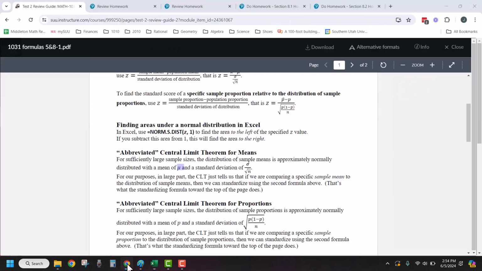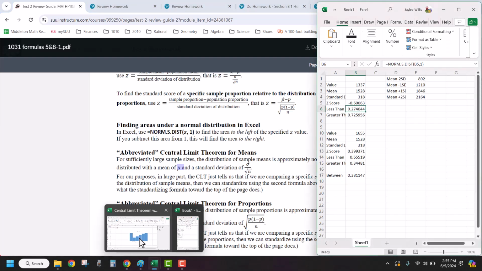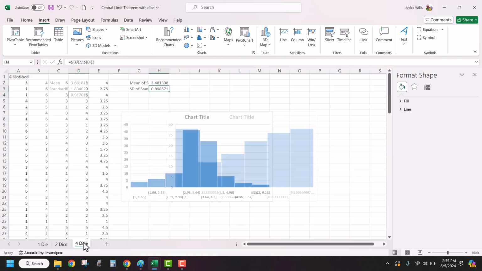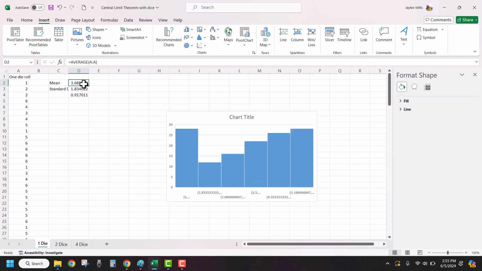So that's what the central limit theorem is saying, is that if you get a large sample size, and if I'd done more than 4 dice here, like if I'd done 20, these two numbers would have been even closer if I had done a larger sample size.